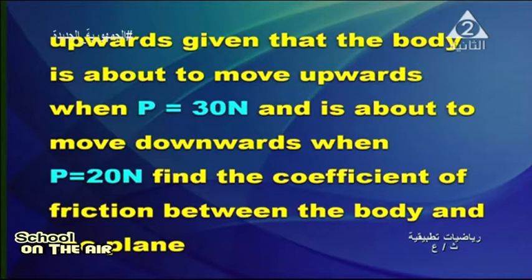Given that the body is about to move upward when the force P equals 30 newtons and is about to move downwards when P equals 20 newtons, find the coefficient of friction between the body and the plane. My dear student, look, we have two motions, upward and downward. Upward when P equals 30 newtons, but downward when P equals 20.